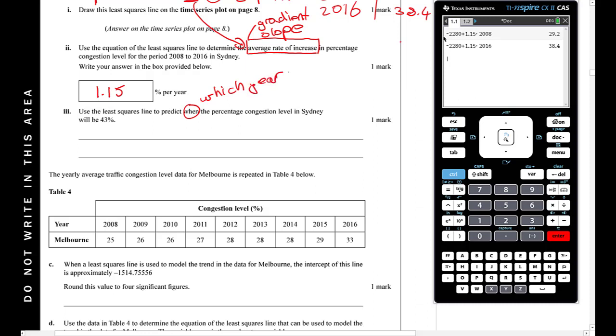Now remember from our equation, let's write the formula out for a moment: congestion equals 28.0 plus 1.15 times year. Now we actually want that bit. So that's what we're after.